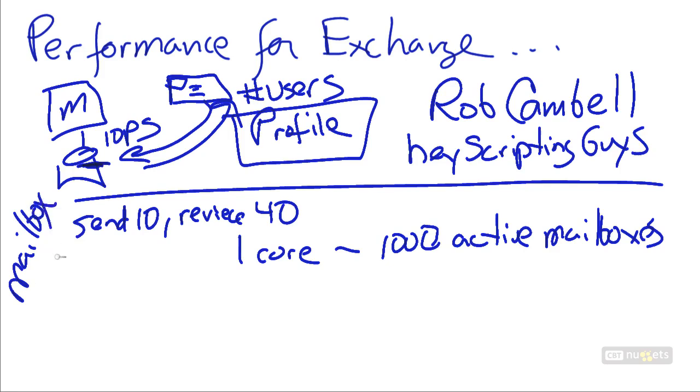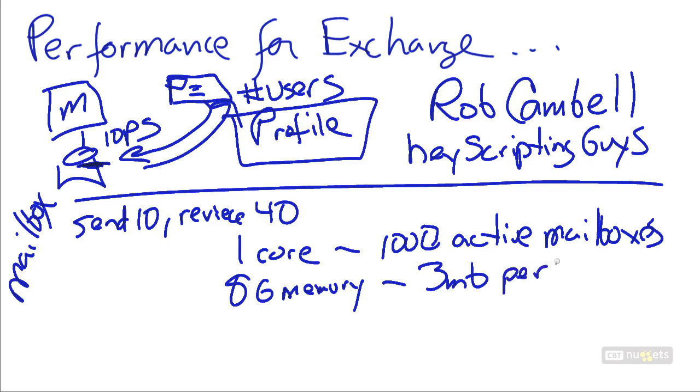A couple of other ballpark figures: you want to have about 8 gig of memory to start with on a mailbox role. That's the minimum, right? 8 gig of memory is the minimum. And then for that relatively light profile, you can add around 3 megabytes of additional RAM for every mailbox that you're putting on there.